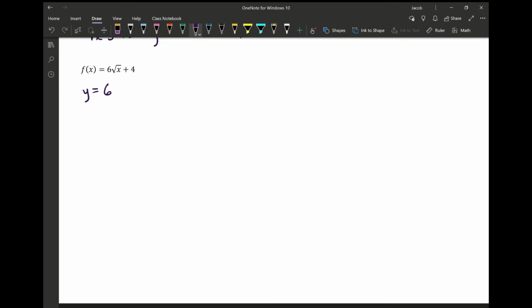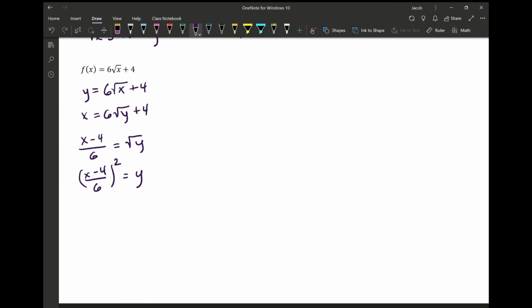So I'm going to go ahead and swap x and y, well after rewriting. Rewritten, I'm going to go x minus 4 divided by 6. I'm going to do a lot in one step there. And now I'm going to square each side. So I have x minus 4 over 6 squared equals y.